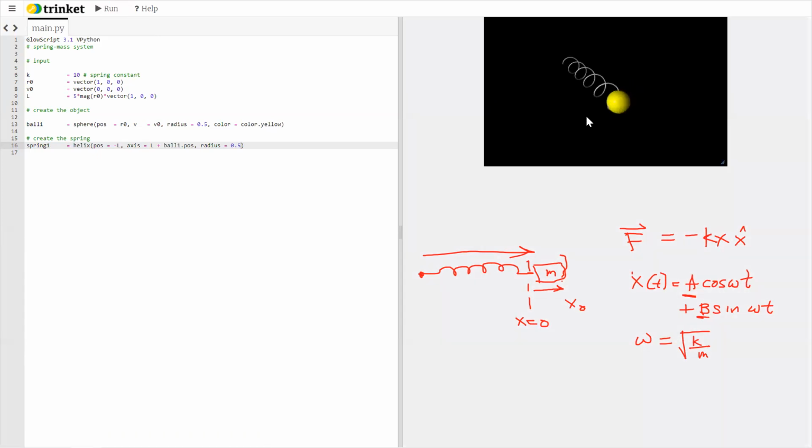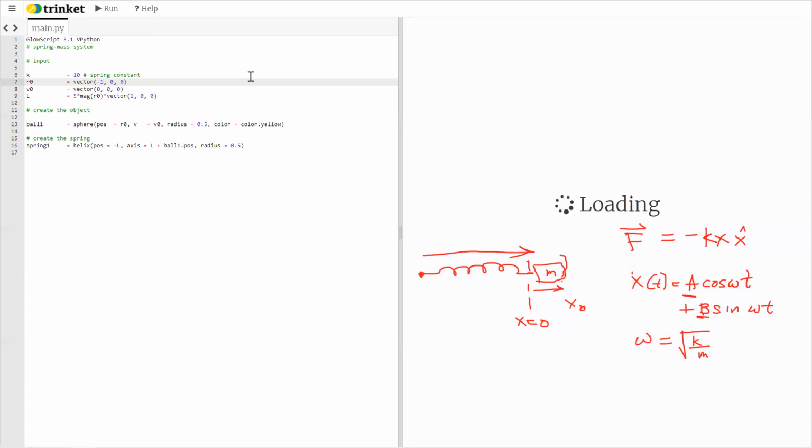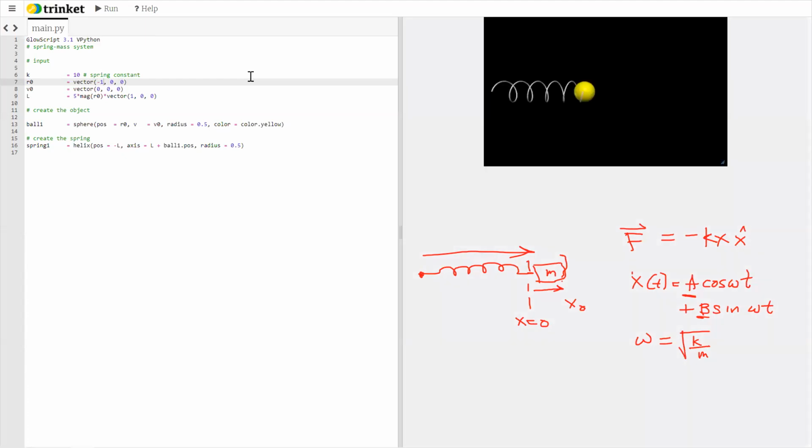So here is the spring mass system. Now we are ready to simulate the motion. Make sure, class, that you put the unit vector in L. If you change the initial position, let's say negative 1, then you have a compressed spring.